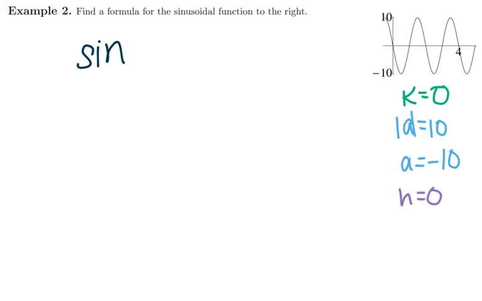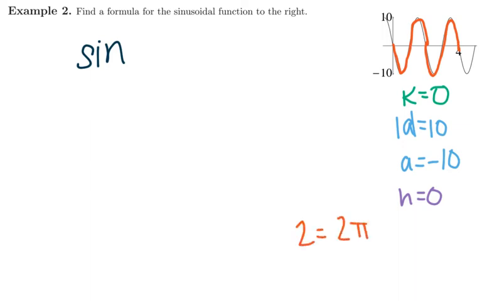In order to find our b, we can look at our graph and determine what the period is. I'm just going to start at the beginning of the graph and trace it out, and I see, hey, I start over once, and then I can get through a whole complete cycle before I get to 4. So if 2 full cycles happen over a span of 4 units, then 1 full cycle happens over a span of 2 units. Therefore, my period is 2.